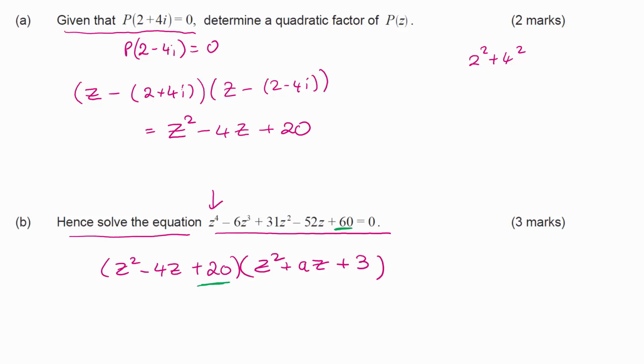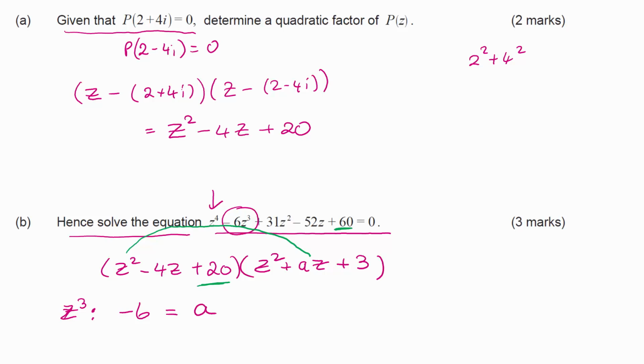But then let's look maybe at the z cubed coefficient. So here that is -6. Well, when we expand out here, this times this would give me z cubed, so that would be a z cubed.